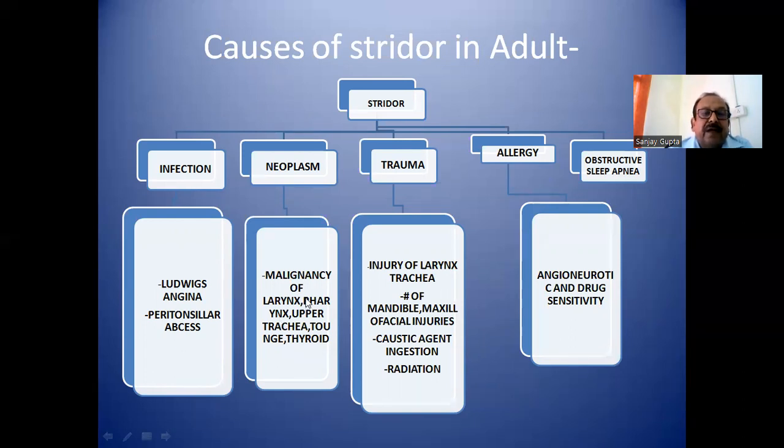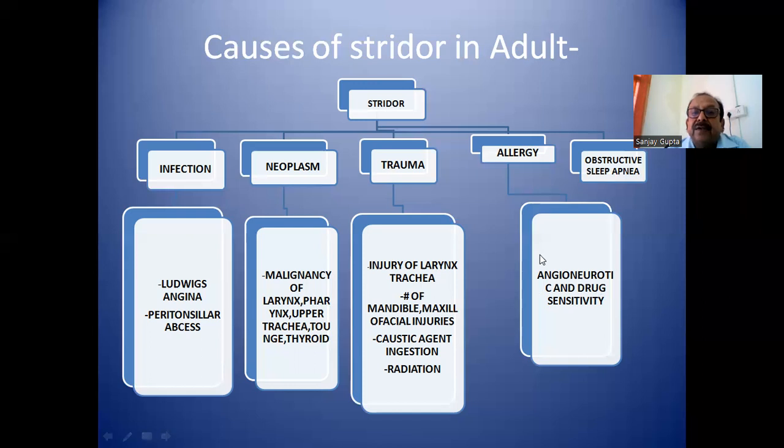Neoplasms can be malignancy of the larynx, pharynx, upper trachea, tongue, thyroid. So these are the malignancies which may lead to stridor in adults. Trauma: injury to laryngeal trachea, fracture of mandible, maxillofacial injuries, caustic ingestion and radiation burns can cause stridor.